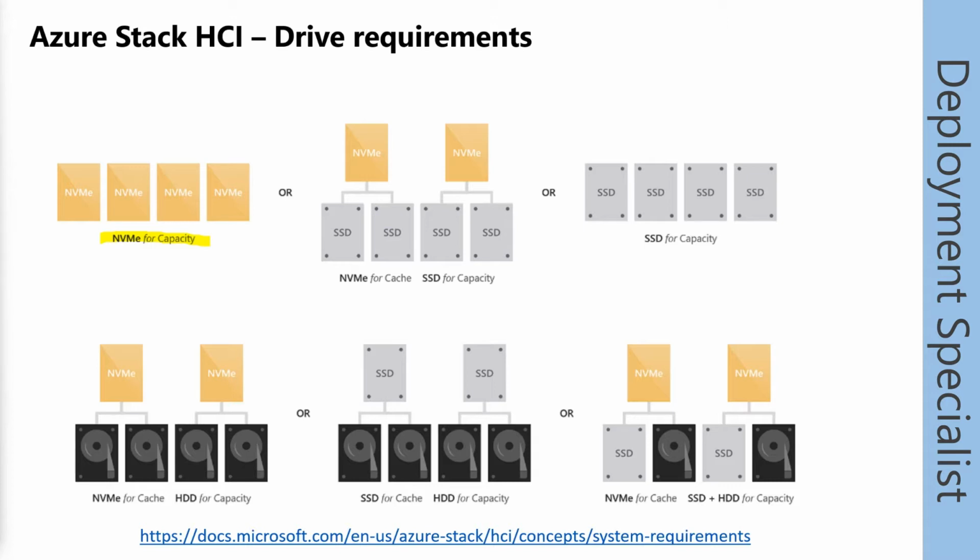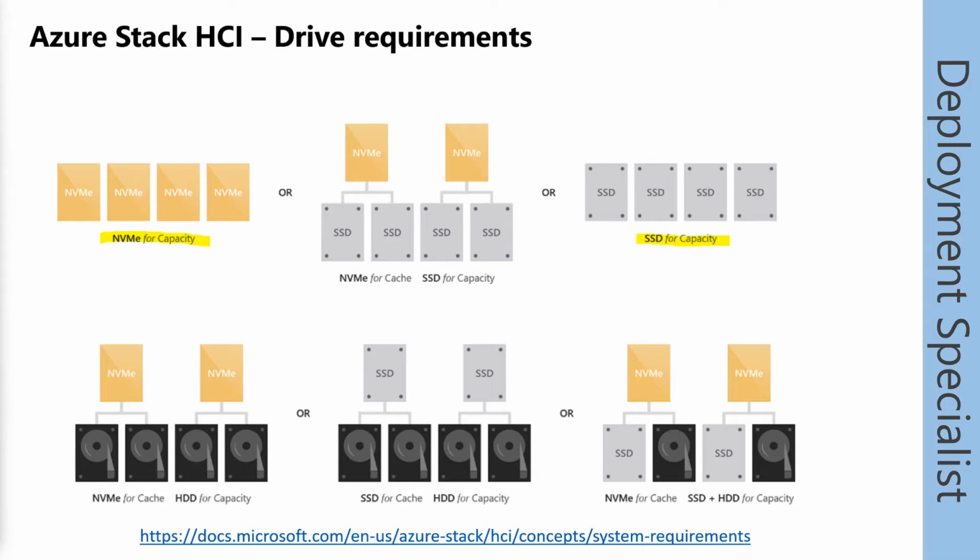Maybe a bit cheaper in the configuration is SSD for capacity, where we use only SSD drives, and the SSD drives will provide the complete capacity as storage capacity. No storage capacity is used for cache.